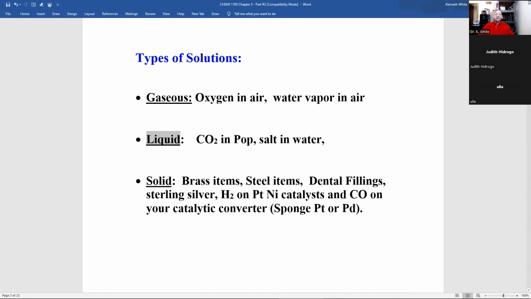Now, you can also have solid mixtures or solutions. For example, brass is a mixture, and so is sterling silver. This is sort of outdated: the mercury amalgam dental fillings are mixtures or solutions, but dentists don't use those anymore.